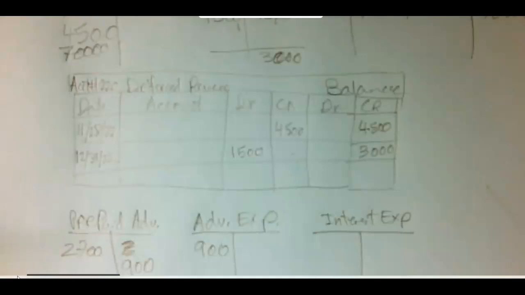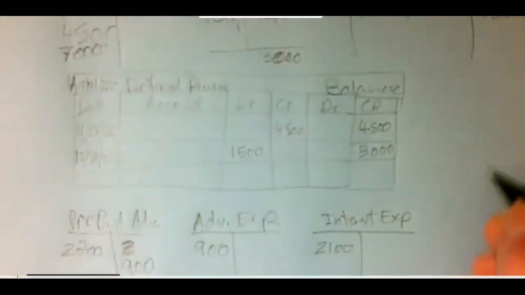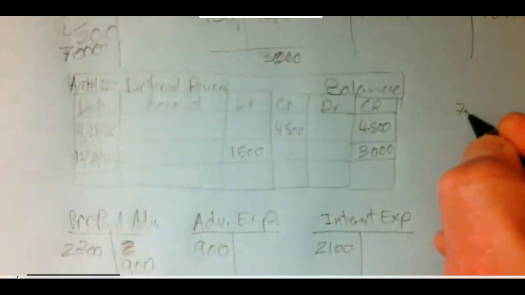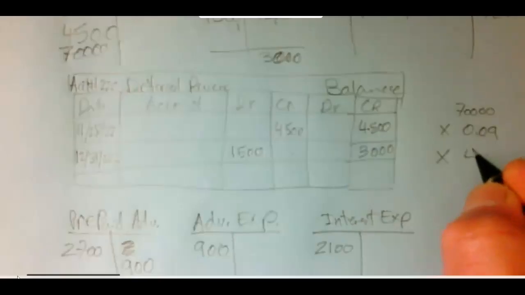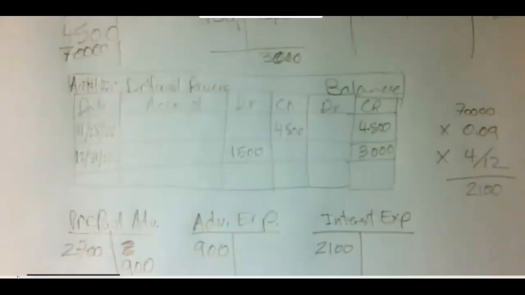Okay, so $2,100. Wait, Professor, how did you get 2,100 again? Sorry. This is how you calculate: $70,000 borrowing times 9% times 4 months out of 12 months. Oh, okay. Use your calculator to calculate that.